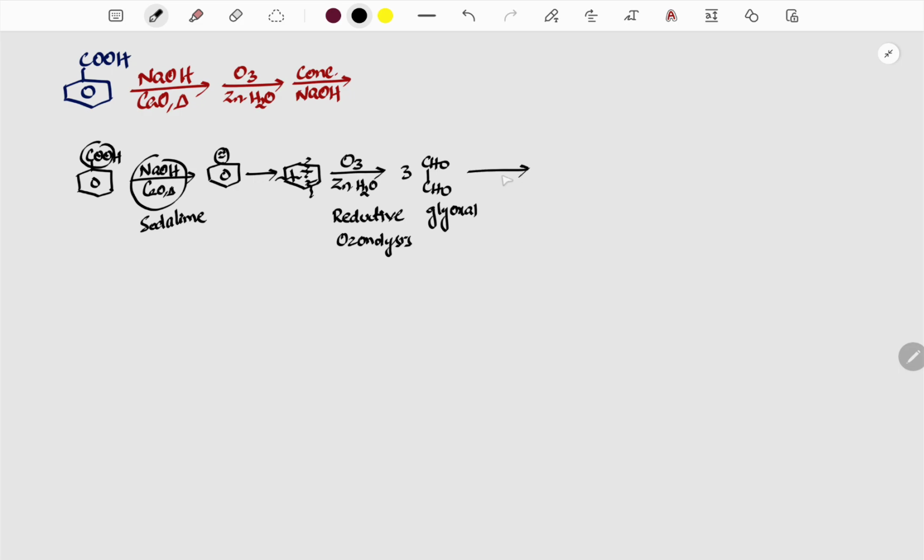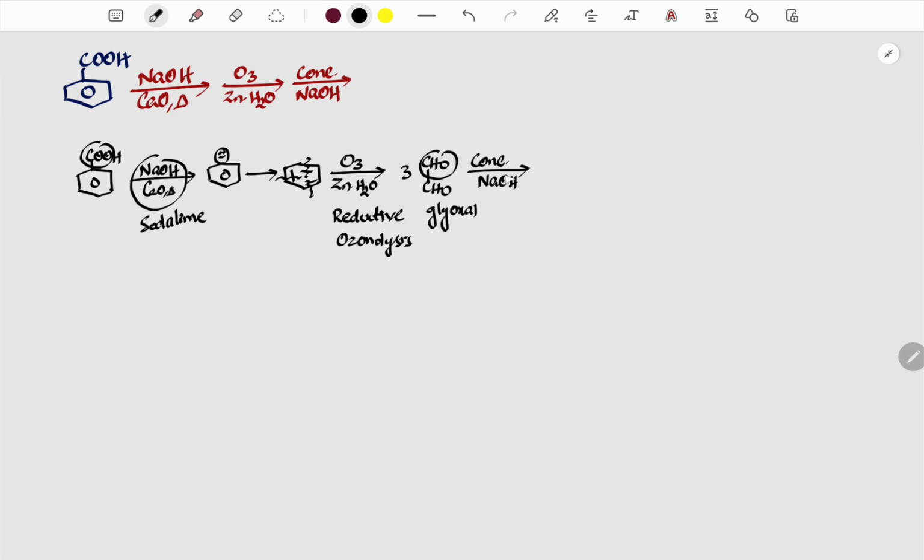Now it is treated with concentrated NaOH. When an aldehyde reacts with conc NaOH, first we think about aldol and then about Cannizzaro. And here there is no alpha sp3 carbon, that's why it undergoes Cannizzaro.